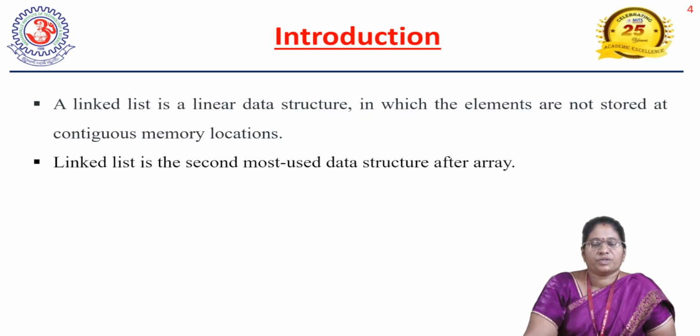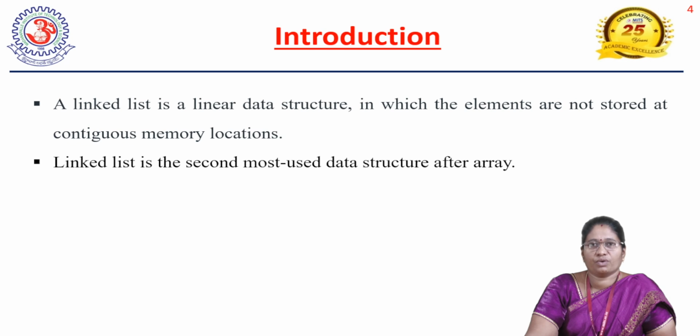Before that, what is the definition of a general linked list? A linked list is a linear data structure. It means we can store our data in memory, and the elements, the data, are not stored in contiguous memory locations. Usually we store our data sequentially, on a regular basis, with the help of the array concept.